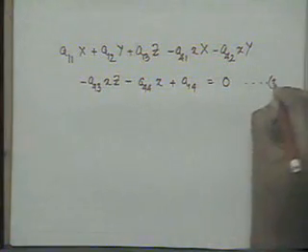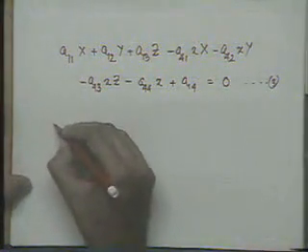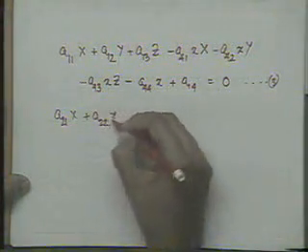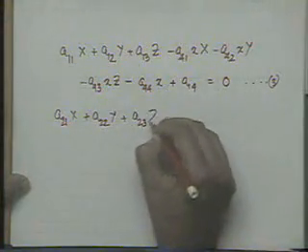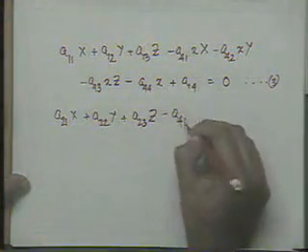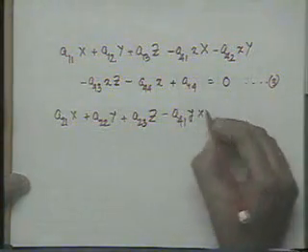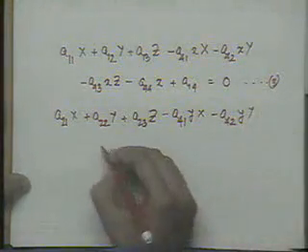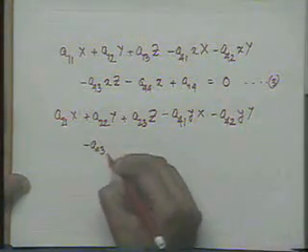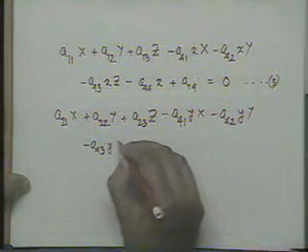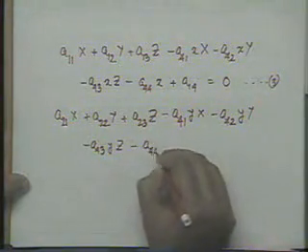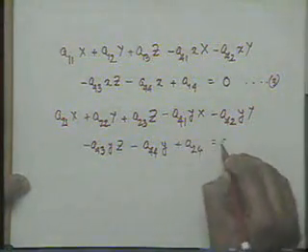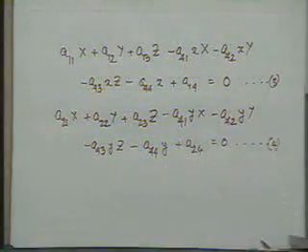Let us call this equation number 3, and then we also get A21x plus A22y plus A23z minus A41y capital X minus A42y capital Y minus A43 small y capital Z minus A44 small y plus A24 equal to 0. This is equation 4.